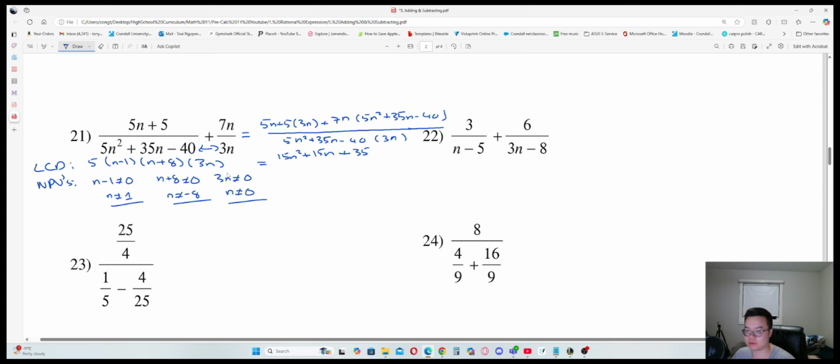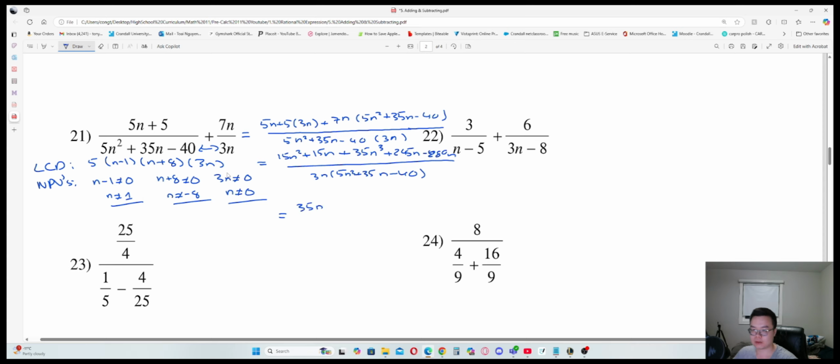So let's continue expanding. 7n times 5n squared is 35n cubed, plus 5. 7 times 35, 7 times 5 is 35, 7 times 20 is 245n, minus 40 is 280n, over 3n times 5n squared plus 35n minus 40. Now I'm going to put my biggest degree in front.